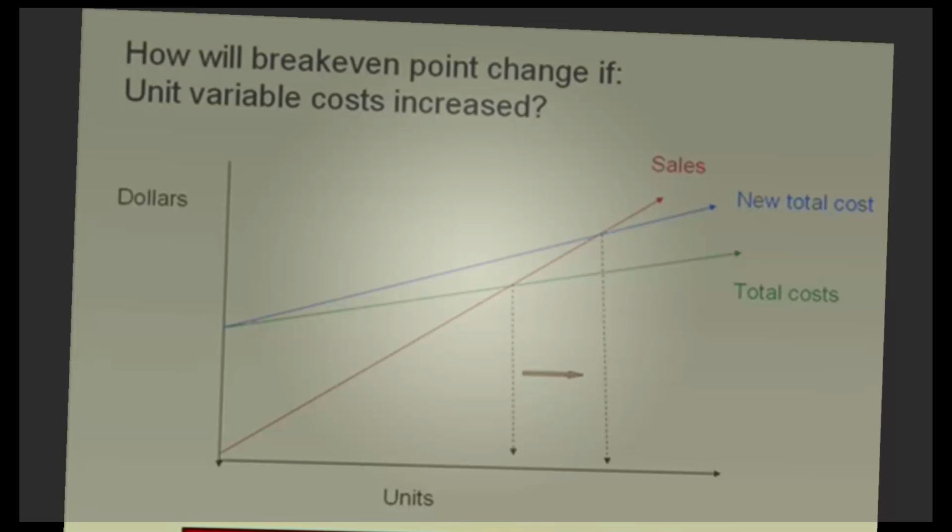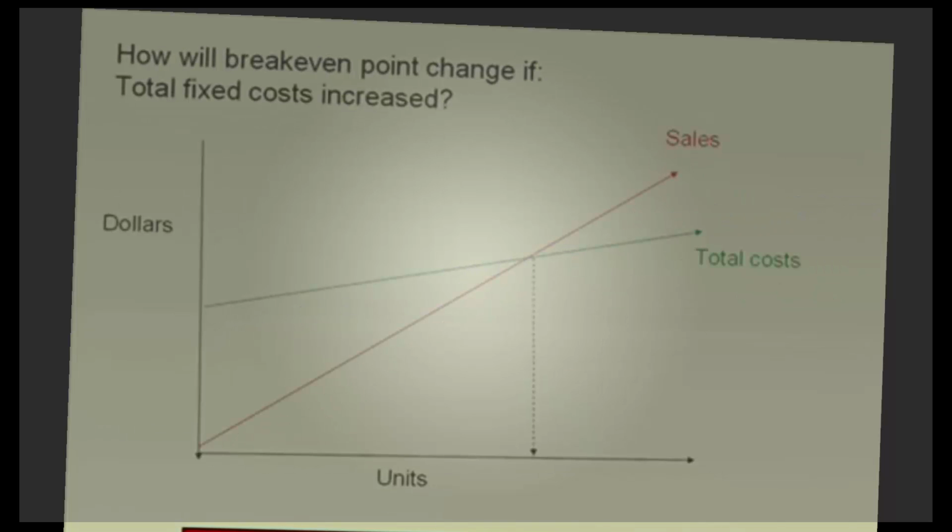Let's take another scenario. How will break-even point change if total fixed costs increased? Example of fixed cost is rent. You want to try it? Stop this recording if you want to.